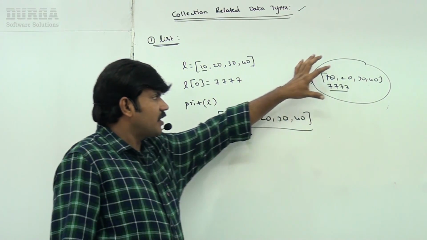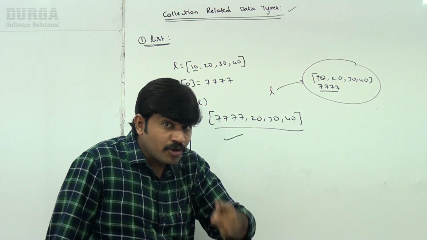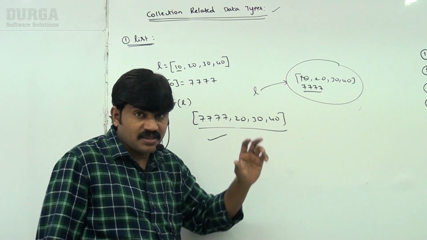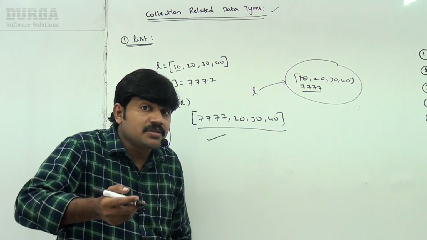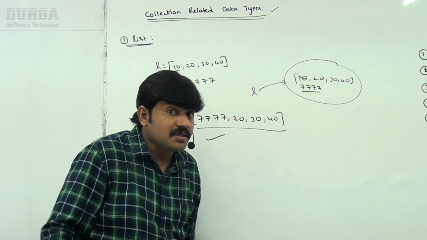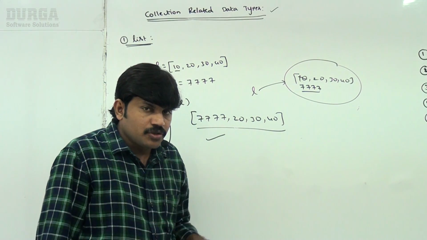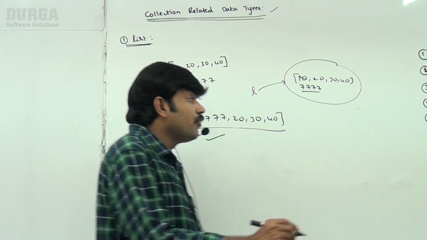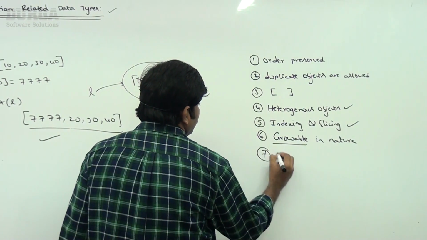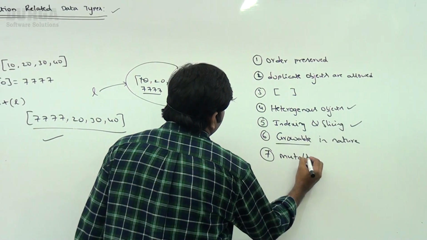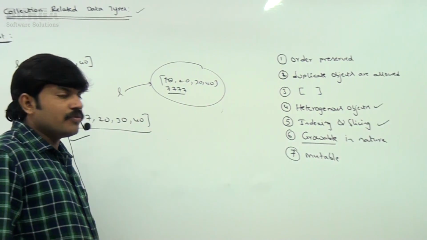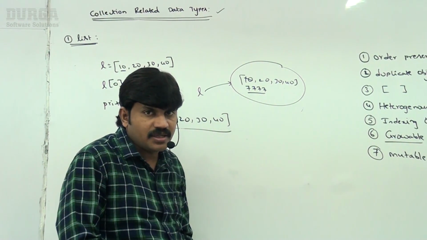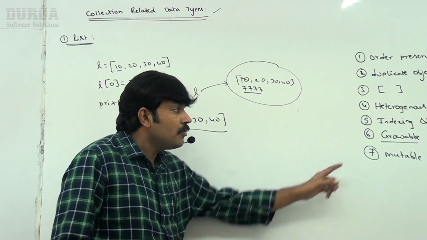Once we create a list object, is it possible to perform some changes in this object or not? Yes, this changeable behavior is nothing but mutability. So can you please tell, list is mutable or immutable? List is mutable. Remember this one. We can modify, we can change the content of the list. That's why it is mutable.